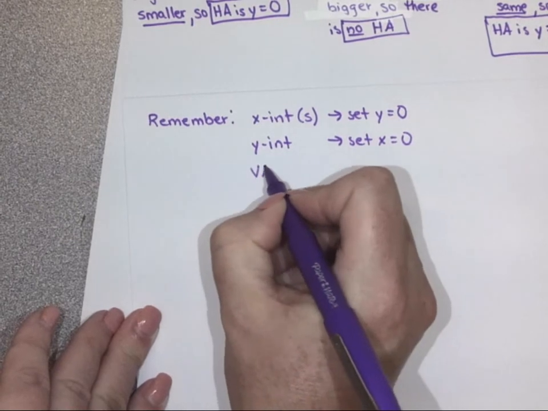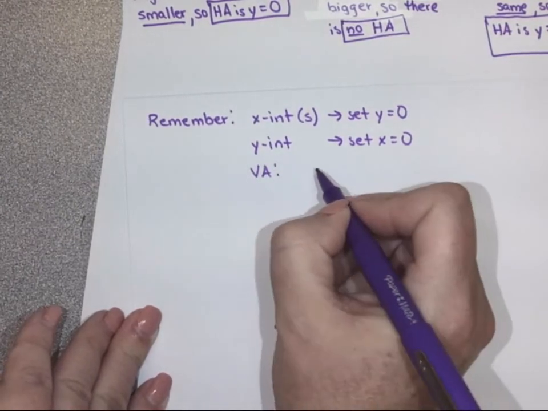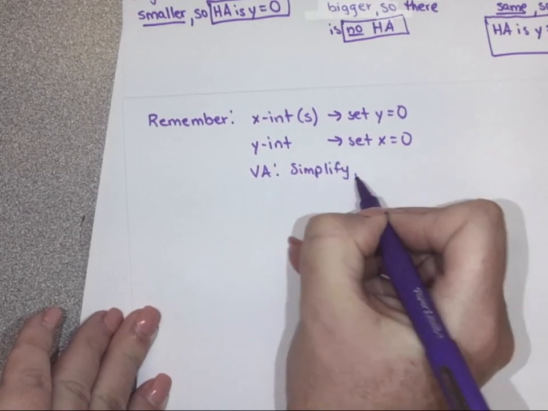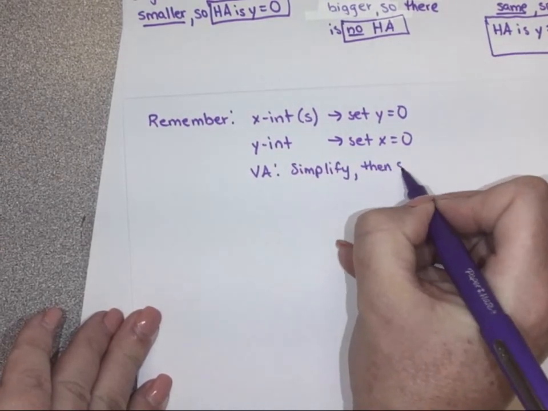Okay, a vertical asymptote, if there is one, how do you find it? You simplify, then what? Set the denominator to 0.